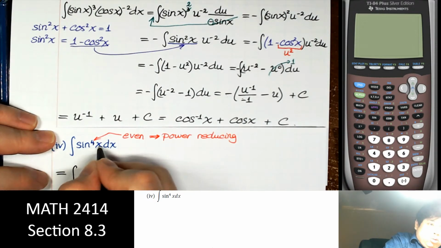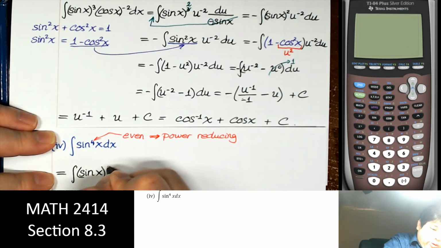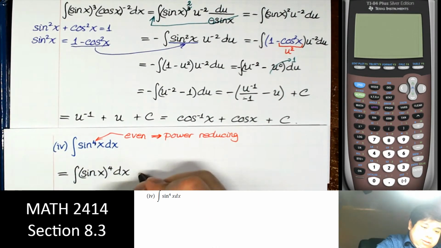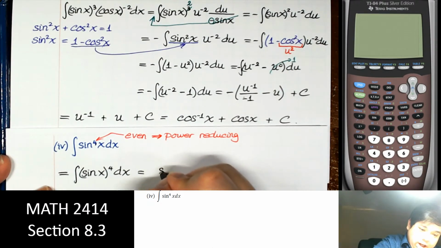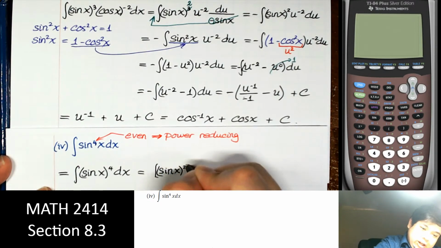So the sine to the fourth, we will write as sine x to the fourth power. And then the fourth power is a square, and then square.